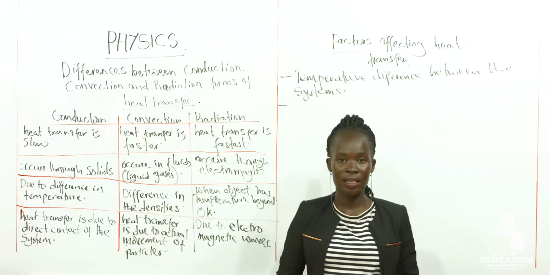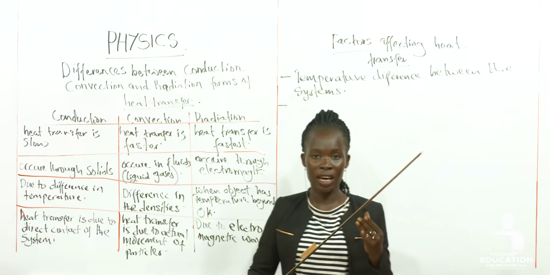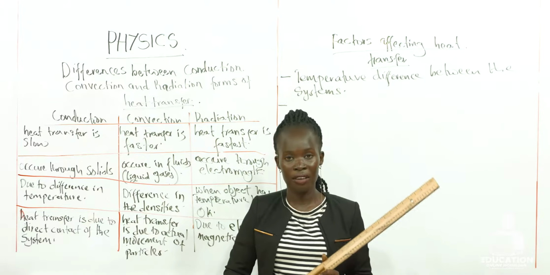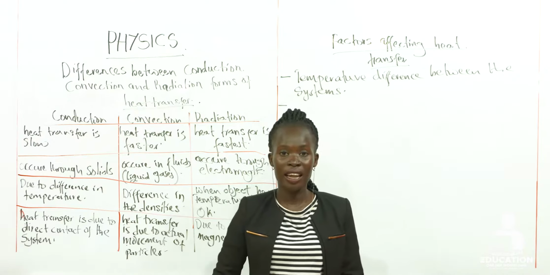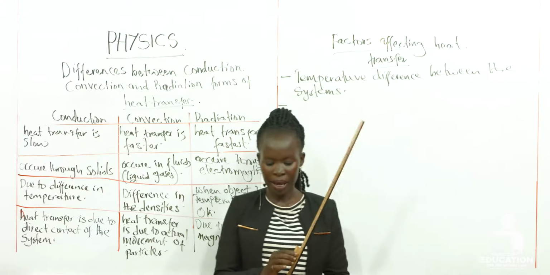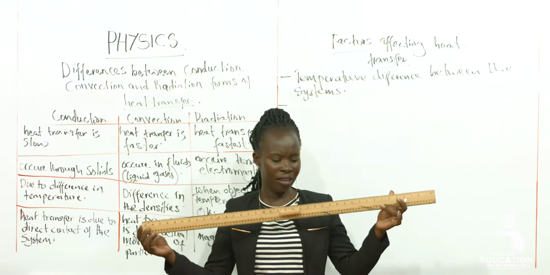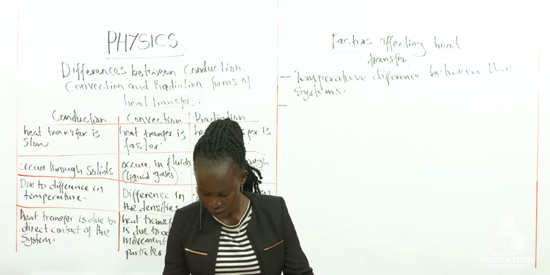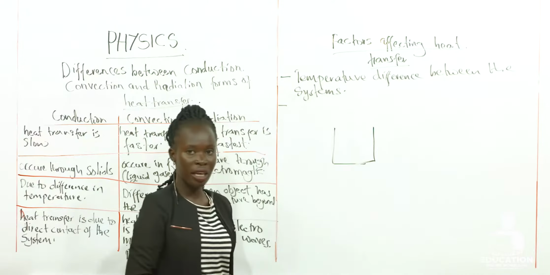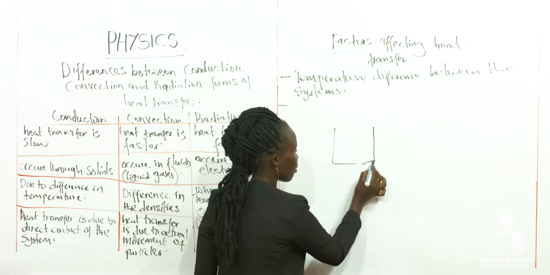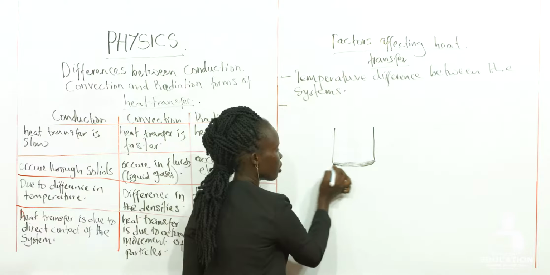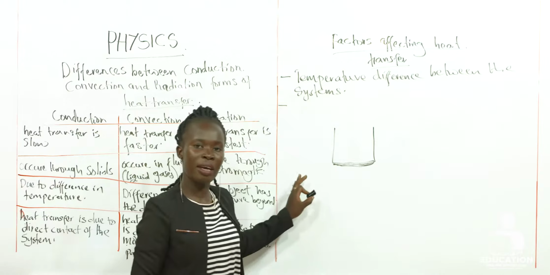One can be dirt. When there is a lot of dirt, it affects heat transfer in a negative way. For instance, I can get a container. If my container is very dirty from below because of fire, it has a lot of carbon below here, and this carbon makes it very thick.